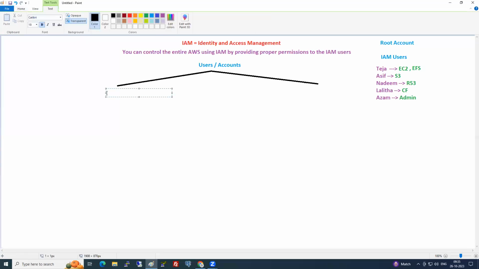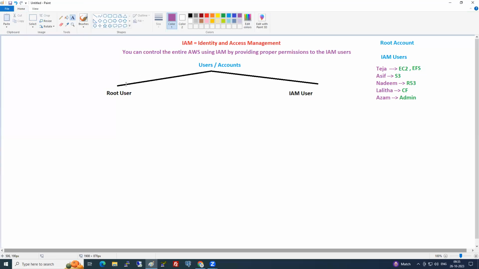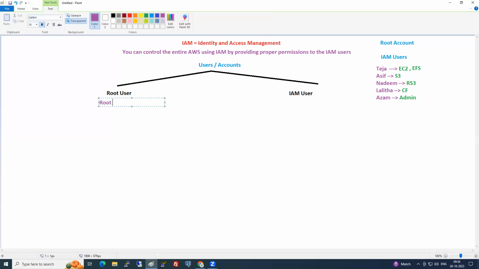One we call the root user, another we call the IAM user. Now who has full permission? Root user has full permissions. Can you call him a super user? Super user means what? Like Superman. He can do anything.